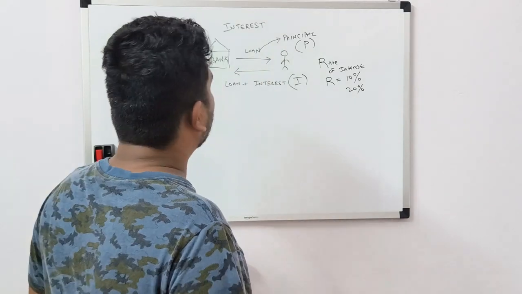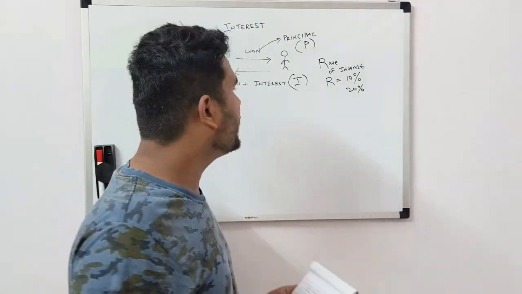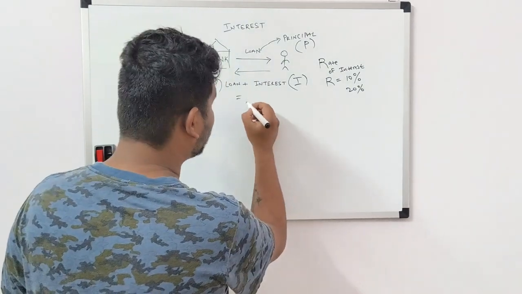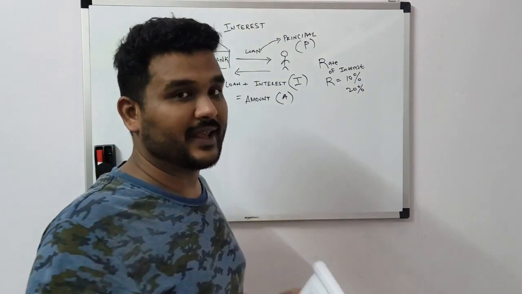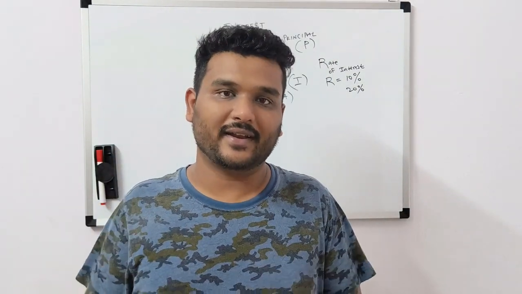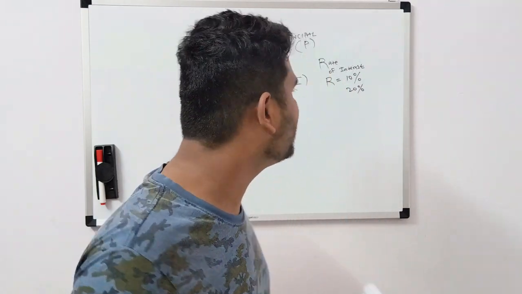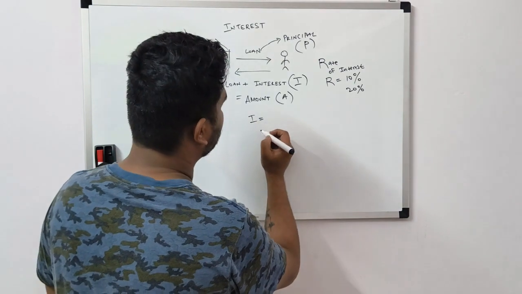Now, this loan we talked about is called P. This is interest, and together they are called amount, which is denoted with A. So amount is the principal plus the extra interest. We have to remember this basic formula: how do you calculate interest?